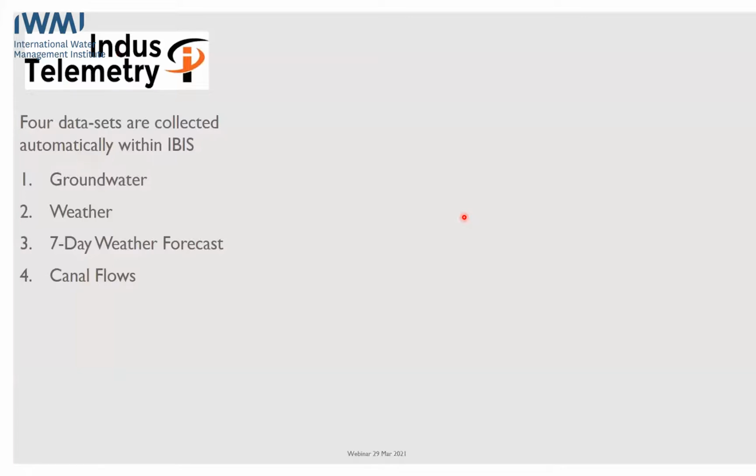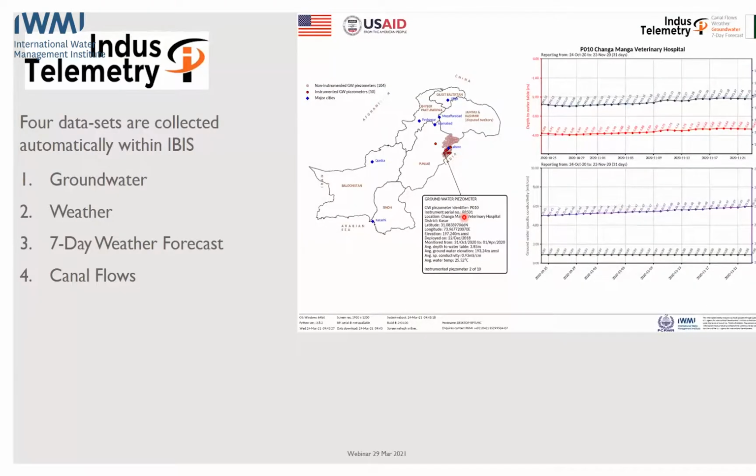So, Indus Telemetry, as I've told, is not just flow monitoring. It also covers groundwater monitoring, weather monitoring, and a 7-day weather forecast. These are some dissemination modes. These are the display screens we have designed to disseminate the data to our partners and stakeholders.